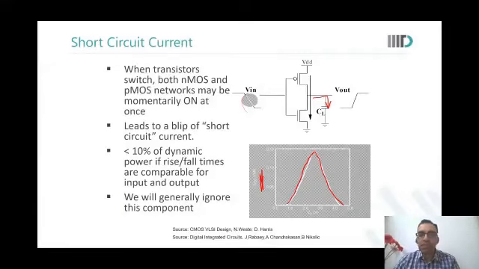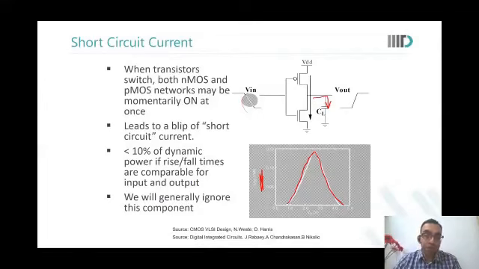For every transition, this short circuit current will also flow, in addition to the charging current for the load. So for this glitch, in alpha C VDD squared, alpha will be 1, and it will be added in the total dynamic power.